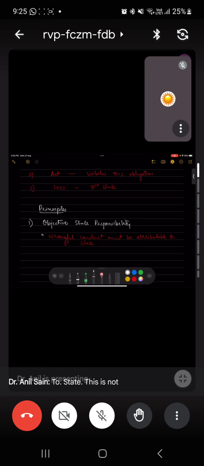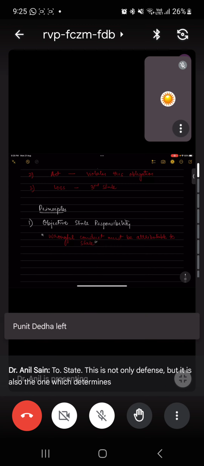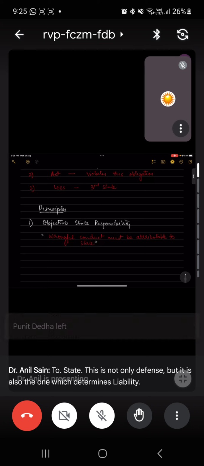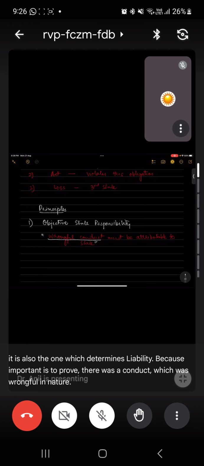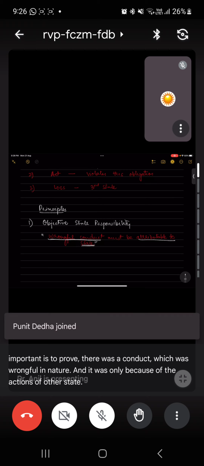This is not only a defense, but it is also the one which determines liability. Because what is important is to prove there was a conduct which was wrongful in nature, and it was only because of the actions of the state.